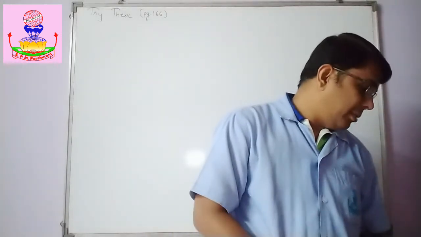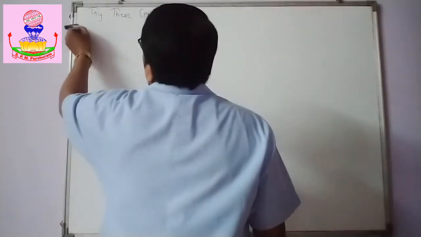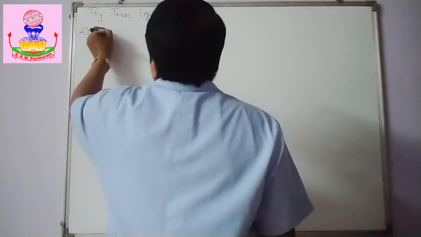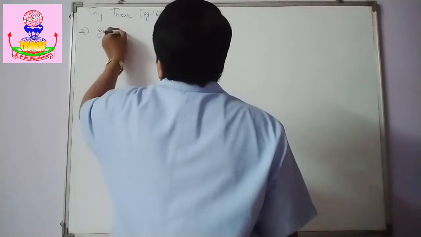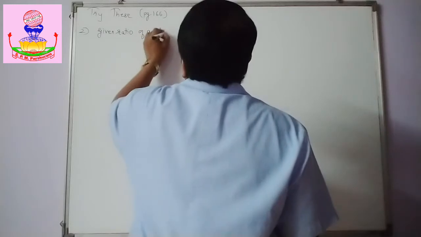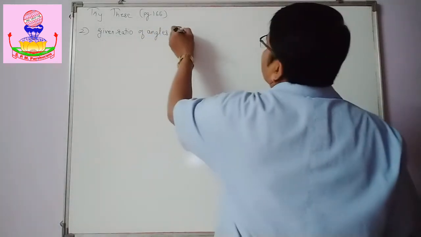Okay, so the angles of a triangle are in the ratio 2:3:4. Given the ratio of angles, how much is it? 2:3:4.